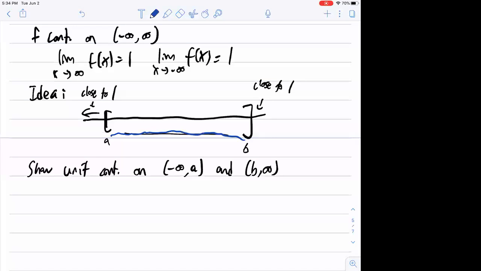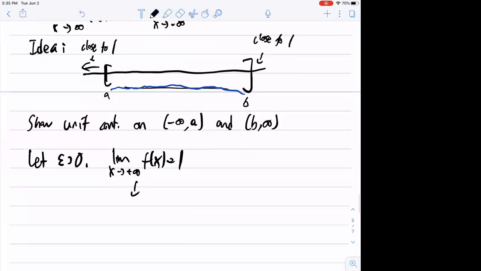Okay. So again, let epsilon be bigger than 0. But we have to figure out what this b and a are, right? So let's figure out what the b is. We have the limit as x goes to positive infinity of f of x is 1.